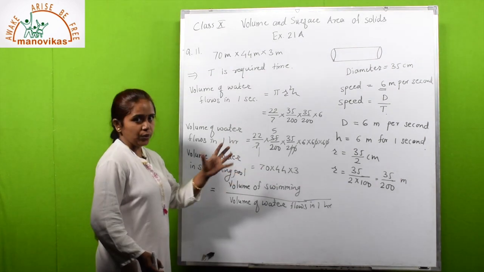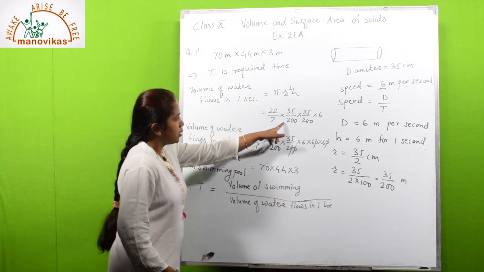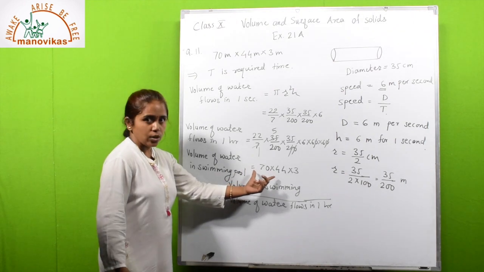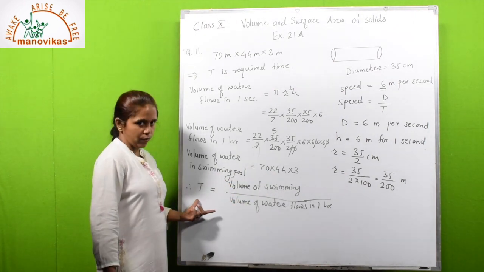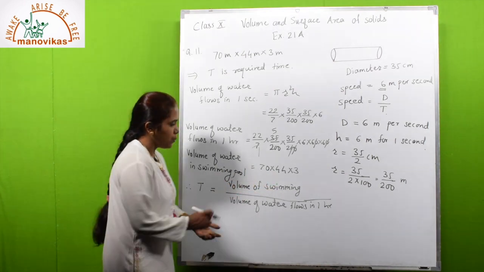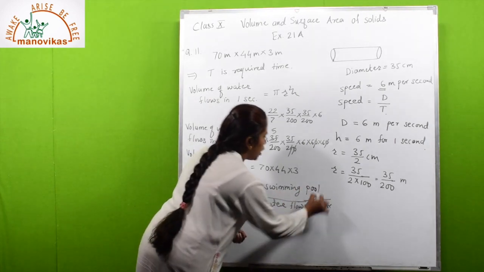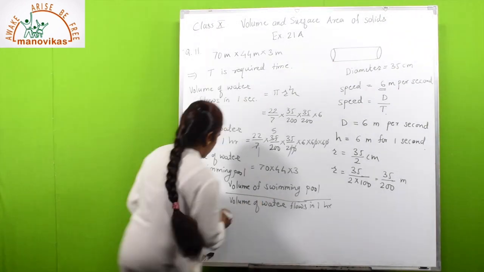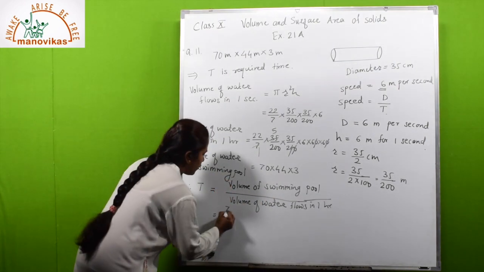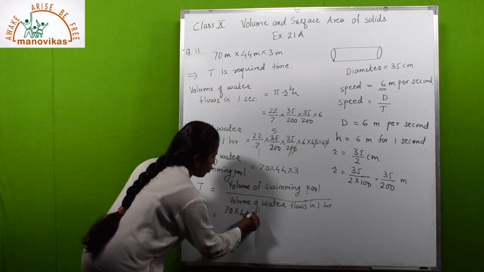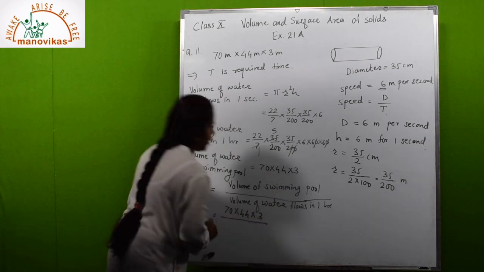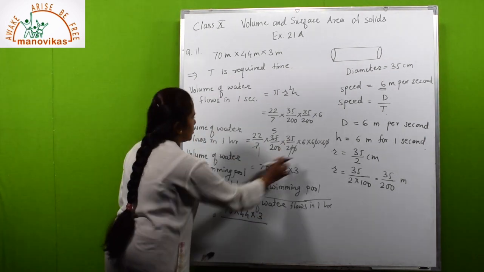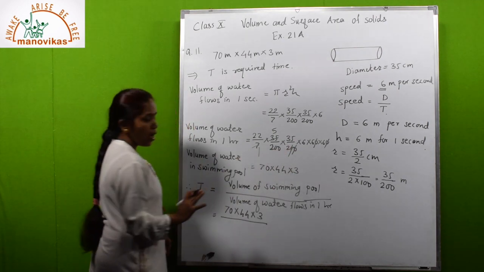We have used the unitary method: for 1 hour this much, for this much water, how much time do we require? So the volume of the swimming pool divided by the volume of water that flows in 1 hour is equal to 70 into 44 into 3 divided by this, the volume of water that flows in 1 hour.